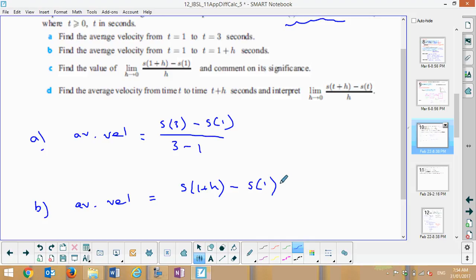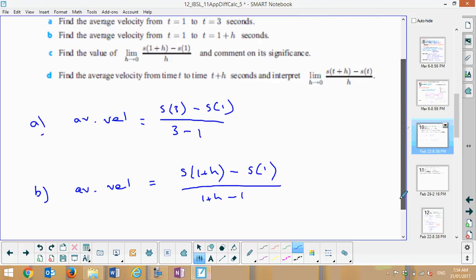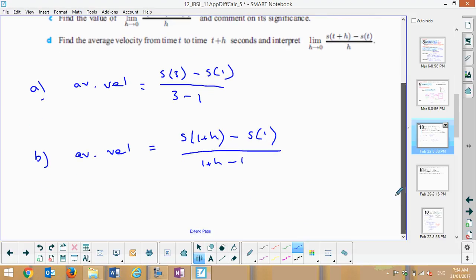You substitute that in, 1 plus h, and do all the expansion. At the bottom, the change of time will be 1 plus h minus 1. When you work through it, you get h plus 5.